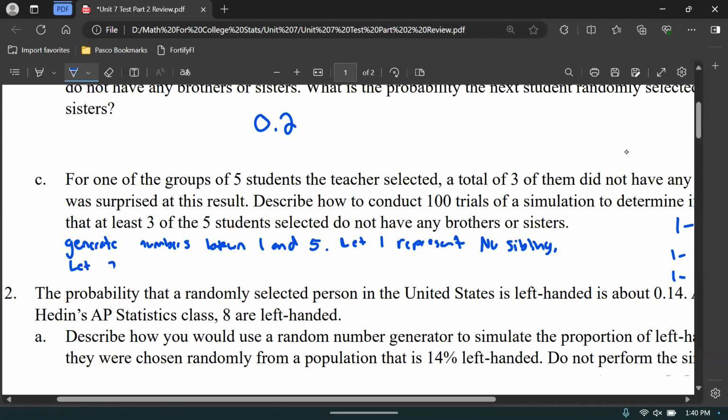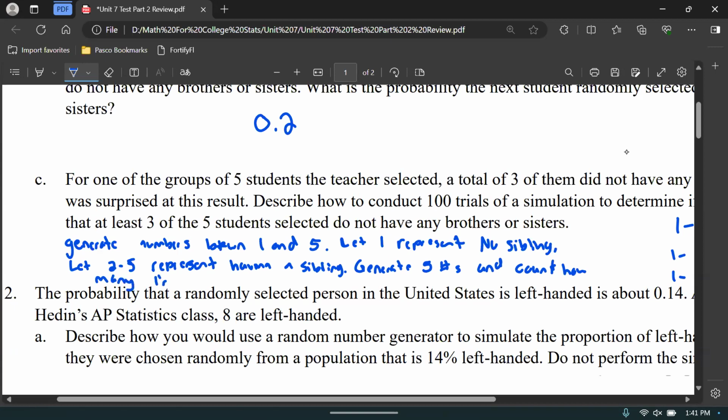Let 2 through 5 represent having a sibling. And then because we have to pick 5 students, generate 5 numbers and count how many ones appear.